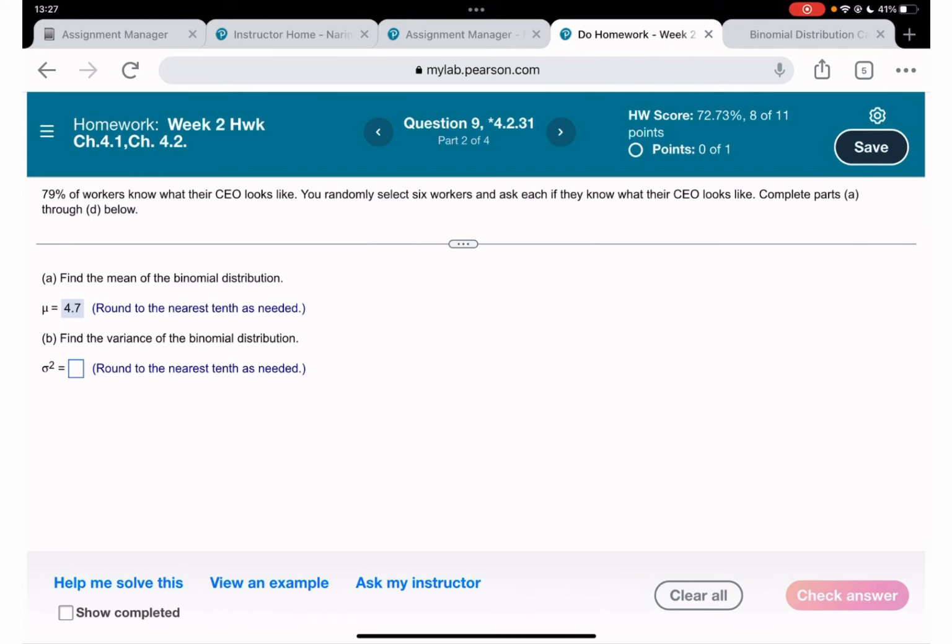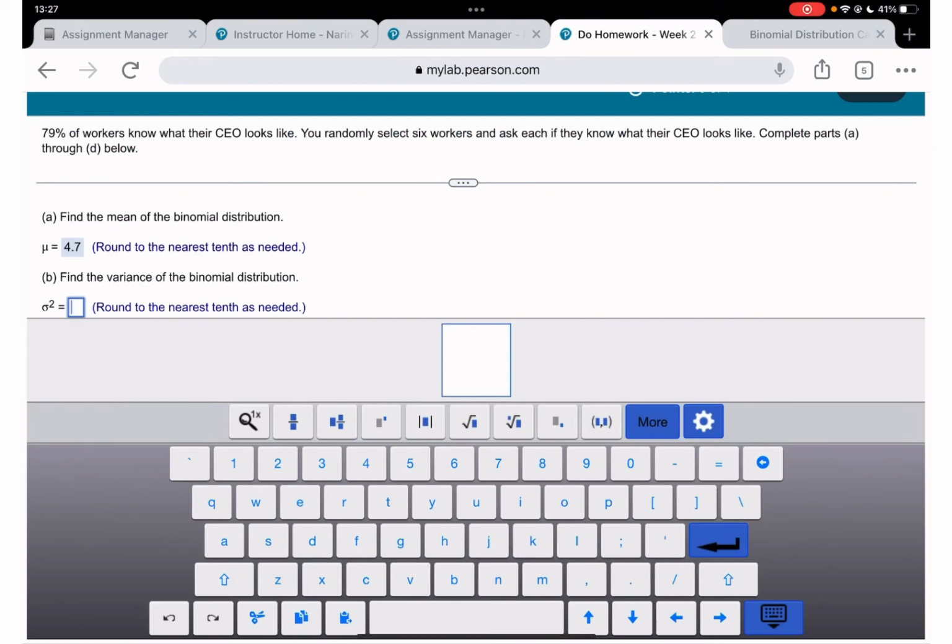Okay, one more time. 4.7, I don't trust my calculator anymore. 4.7 times, that's N times P, now times Q. Q is going to be 0.21. And 0.987, so to the nearest 10th, 0.99.